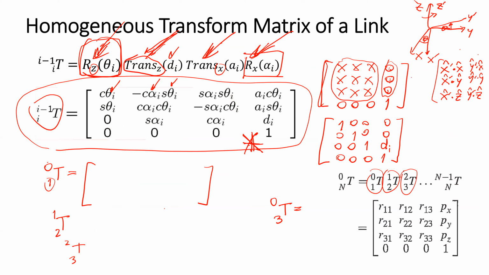And then if we want to know the XYZ position of the origin of the final frame, this is the position of frame N origin with respect to frame 0. And this is the orientation of frame N with respect to the original XYZ of the frame 0.